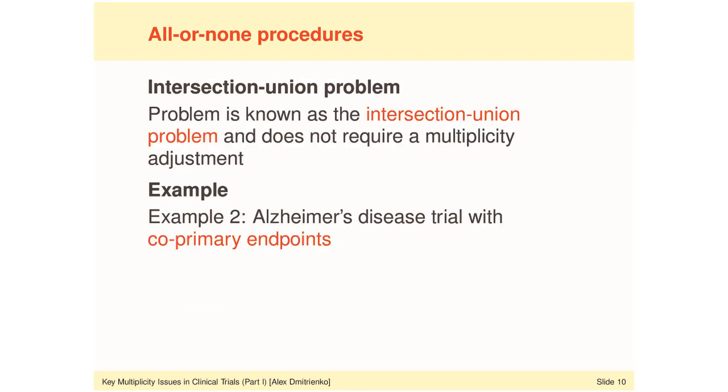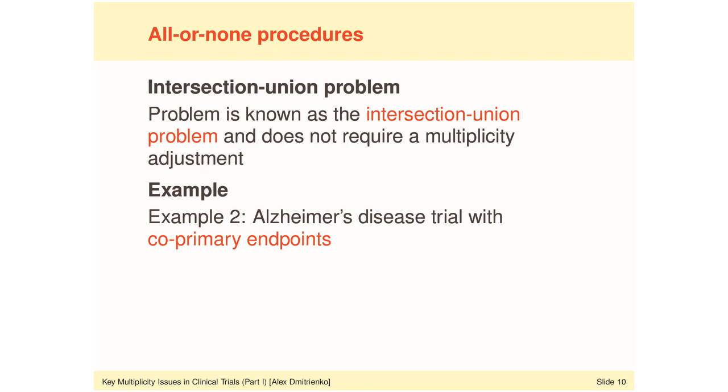The all or none testing problem is also known as the intersection union problem. It is intersection union because everything here is a mirror image of the at least one multiplicity problem, which was known, as we said, as the union intersection problem.